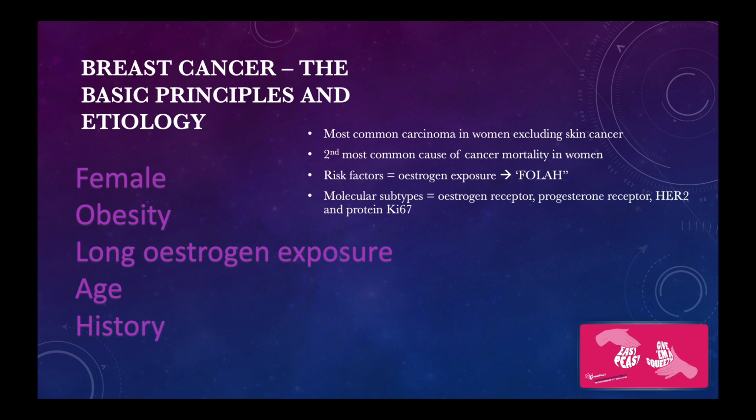We can also subtype cancers, just a little bit of in-depth pathology here, associated with the type of receptors that are found on the cancer cells themselves, which we usually do via immunohistochemistry. And there are three main receptors which are found on these breast cancers: the estrogen receptor, progesterone receptor, HER2 receptor, and there's something we can check for, which is protein Ki67, which mediates cellular growth in the cancer cells.